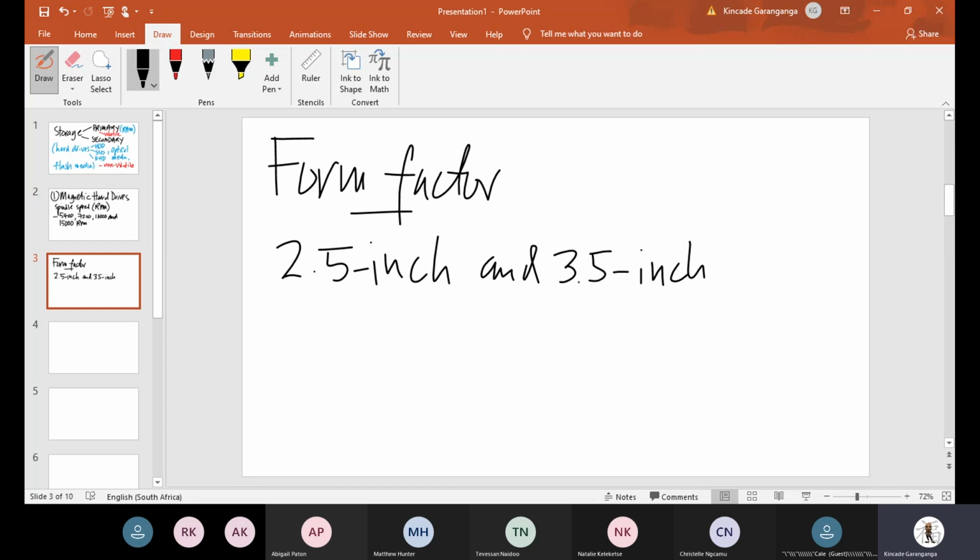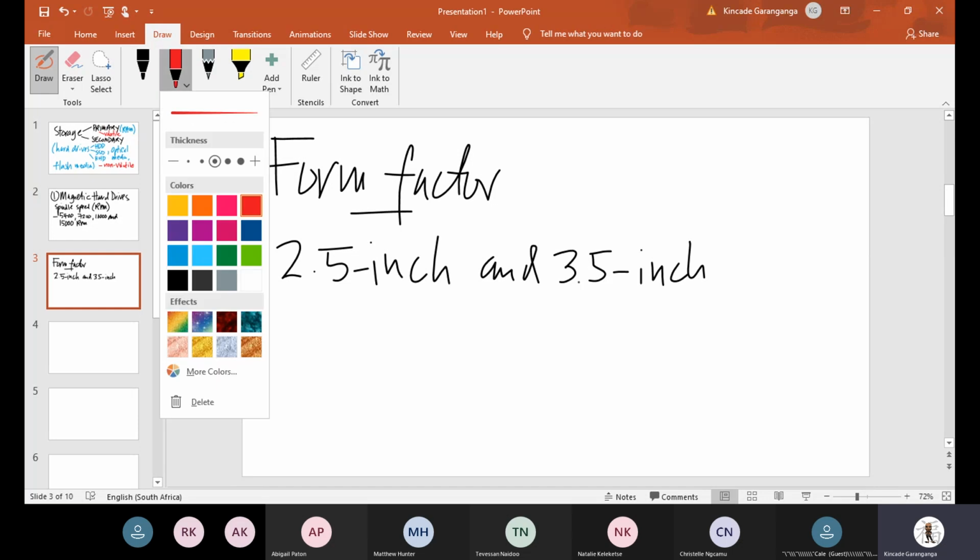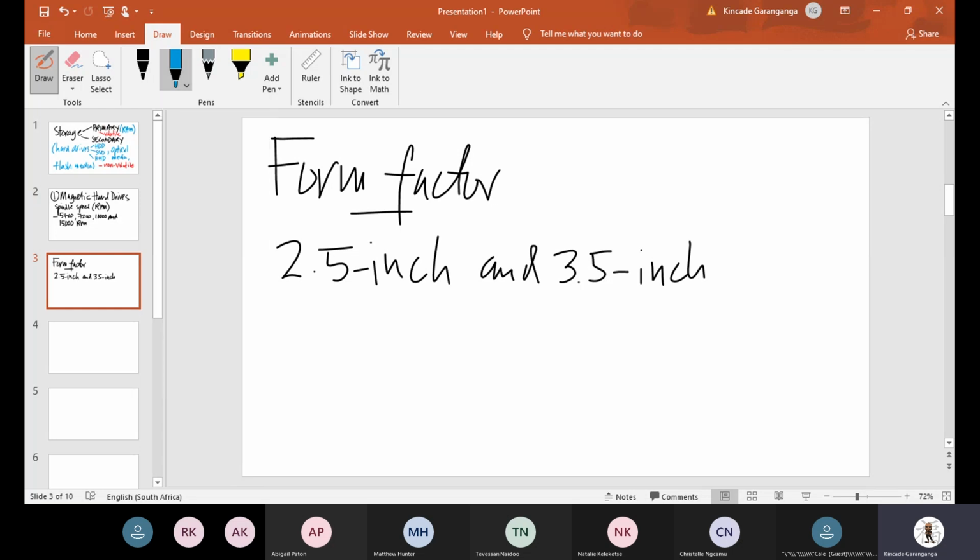So if you want to be very specific about it, what we're mentioning here is that a 2.5 inch is for your laptops.